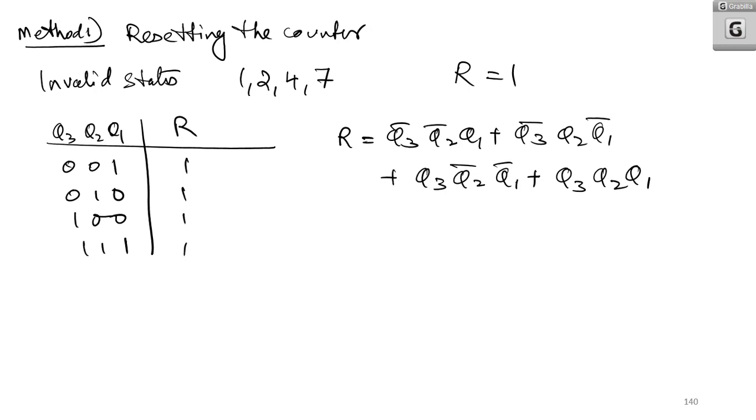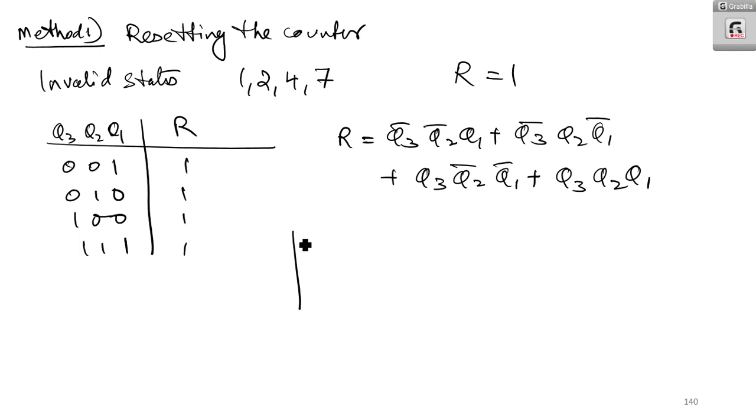You can write it in this form. So you can make the reset like this. Okay, and you can form the reset. So how to form the reset then? That is the next question.